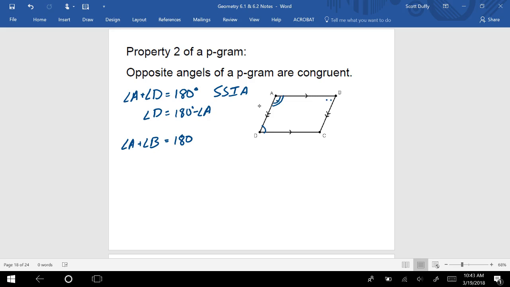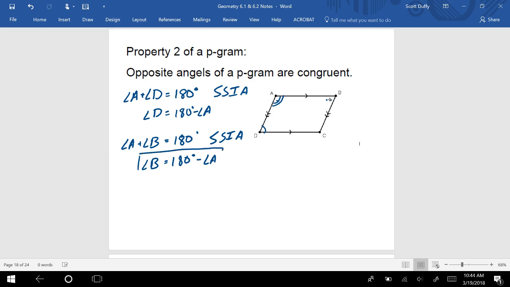But if these are parallel sides, and this line would be a transversal cutting through them, these two angles are same side interior angles also. If I wanted to, I could rewrite this equation as angle B equals 180 degrees minus whatever angle A is.